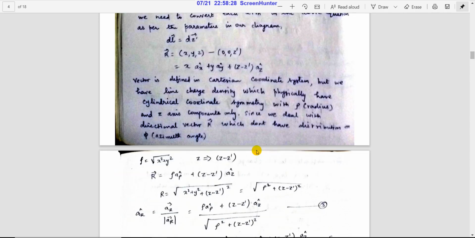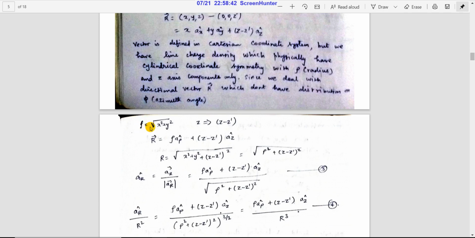If you calculate this subtraction, we get the vector x ax cap plus y ay cap plus (z minus z dash) az cap. This vector is defined in the Cartesian coordinate system, but to convert it into the cylindrical coordinate system, we have the conversion parameters: rho is equal to root of x square plus y square, and z is equal to z minus z dash.